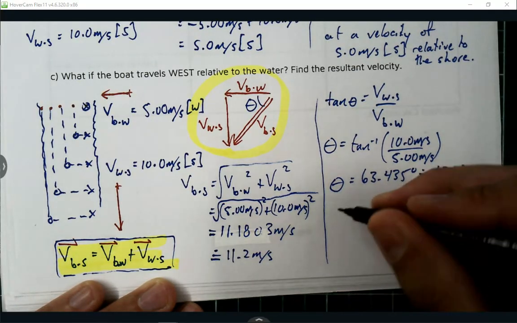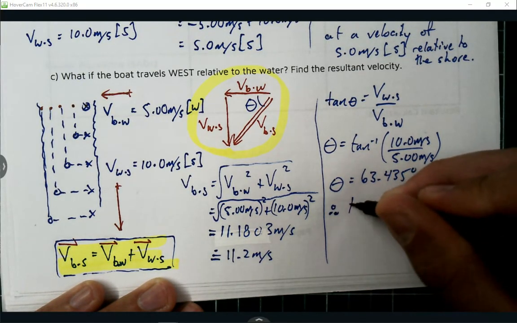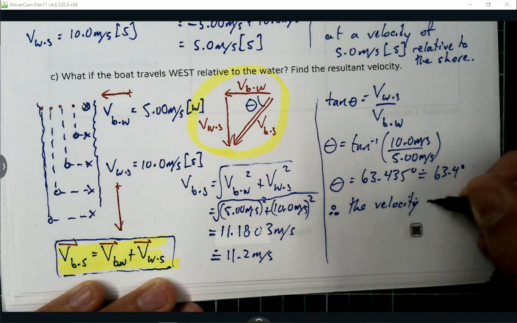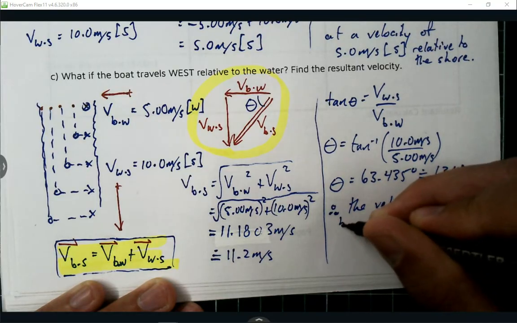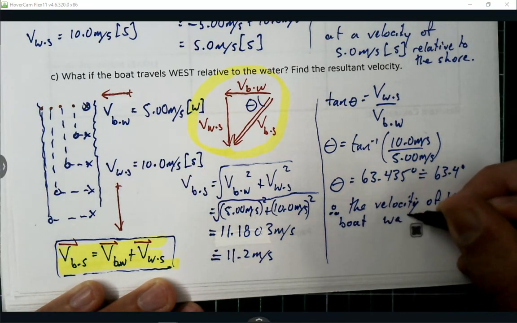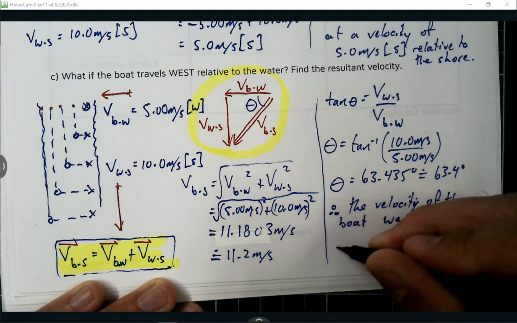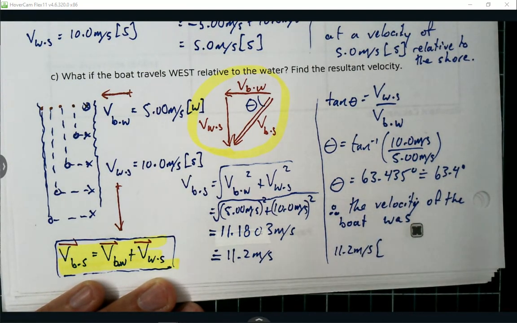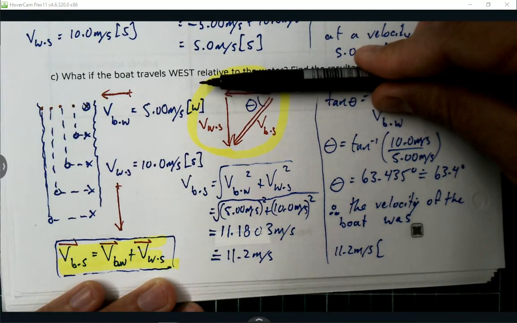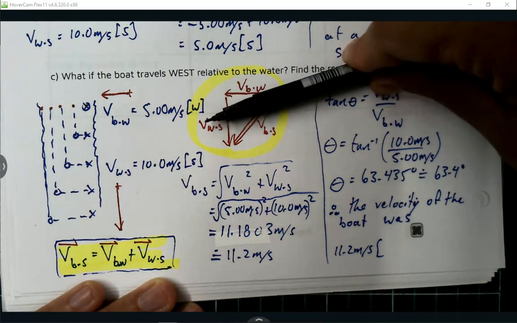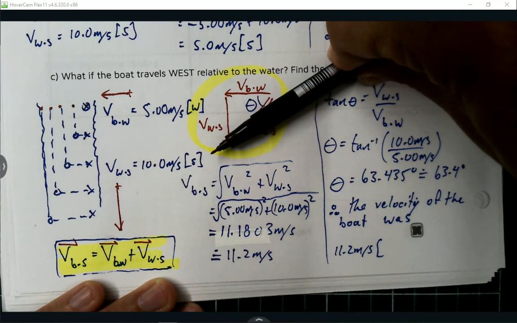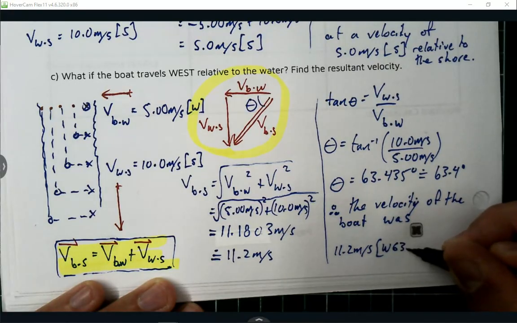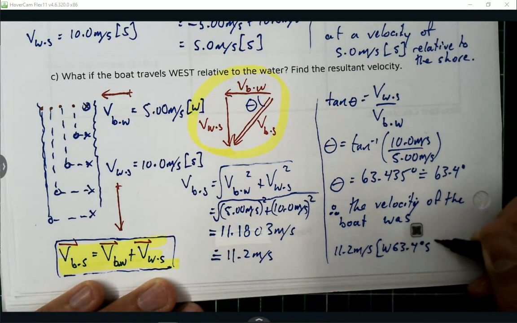And if I was going to have a therefore statement, I could say, therefore, the velocity of the boat was 11.2 meters per second. And then direction-wise, I could say, look, remember, west, dial yourself 63.4 degrees towards the south.